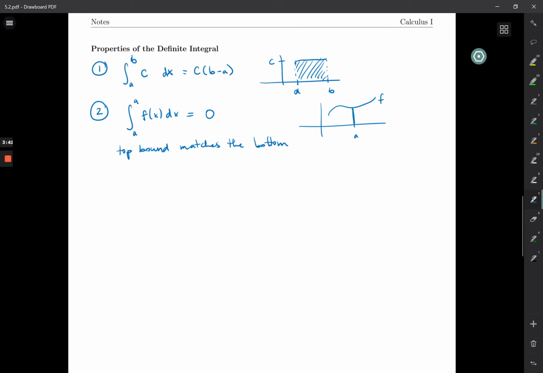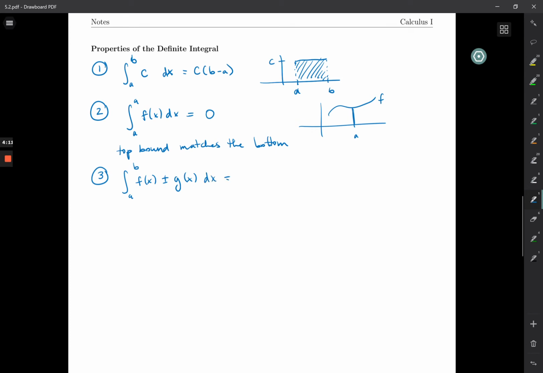So if you have an interval that is degenerate, this is what we call this, when the right endpoint equals the left endpoint, then you get that the integral is 0. Okay, and then this one is pretty, I wouldn't say self-explanatory, but it's what you would expect out of this type of thing.